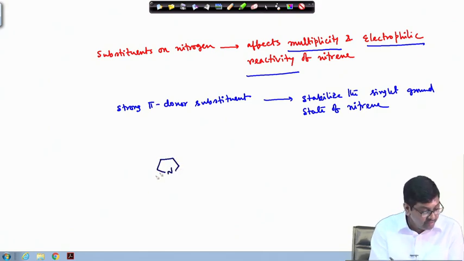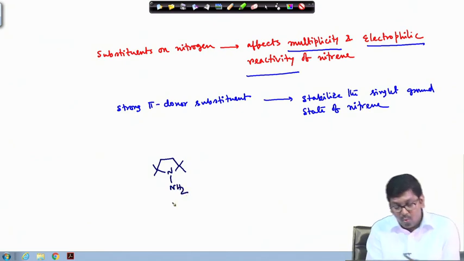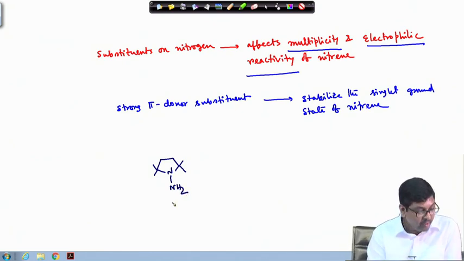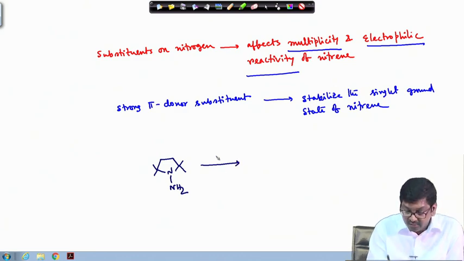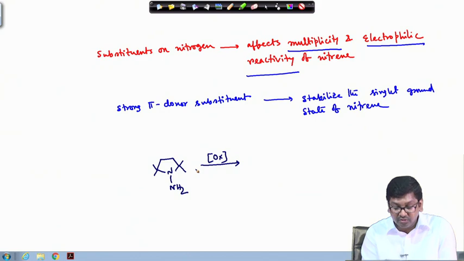This is a pyrrolidine moiety and this is 2,2,5,5-tetramethylpyrrolidine. Under oxidation conditions, what will happen if we oxidize this?